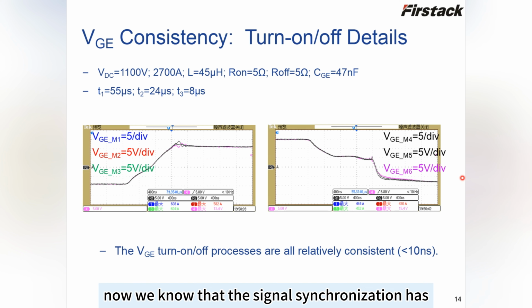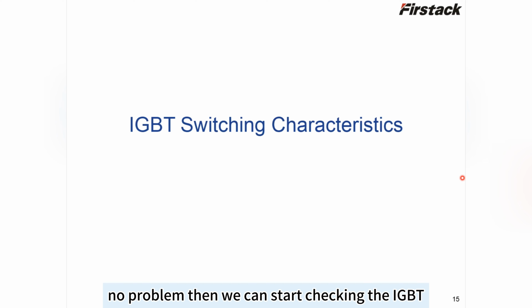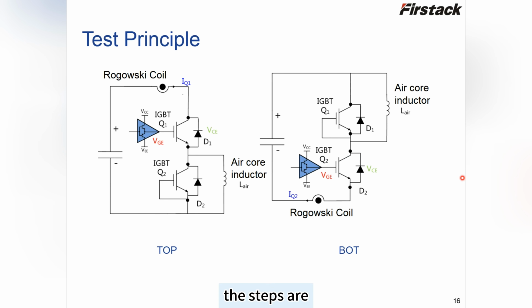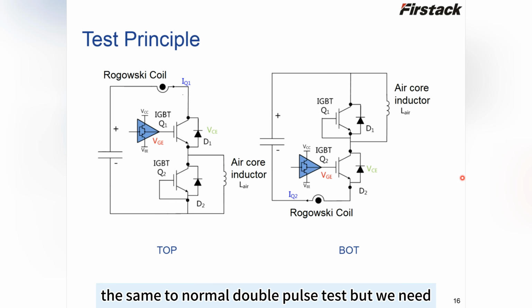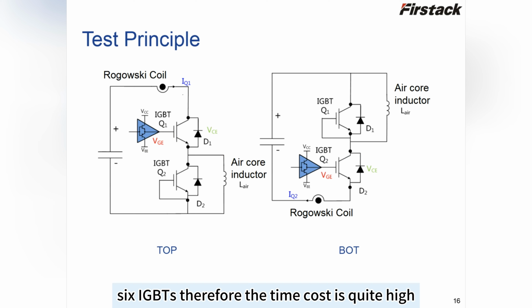Now we know that the signal synchronization has no problem, so we can start checking the IGBT turn on and off characteristics. The steps are the same as the normal double pulse test, but we need to record the data from 6 IGBTs. Therefore, the time cost is quite high.